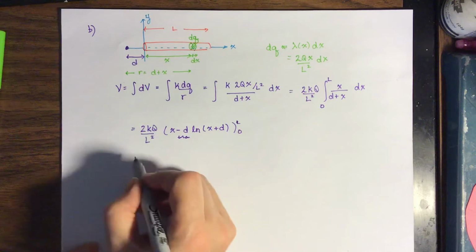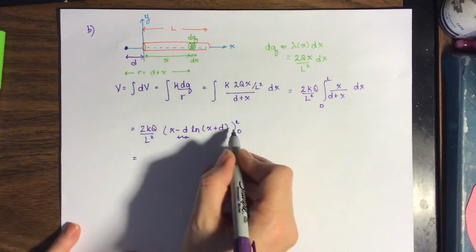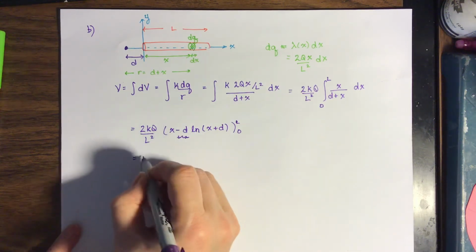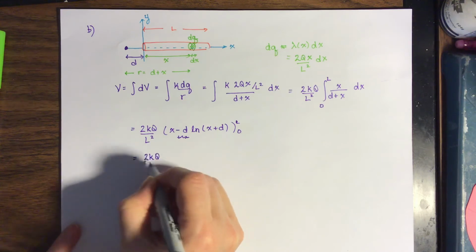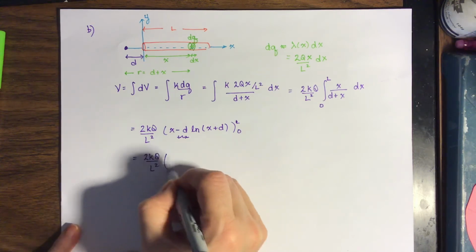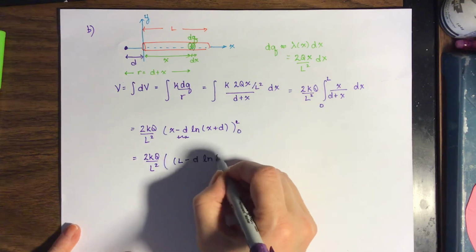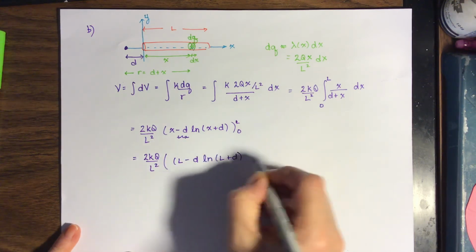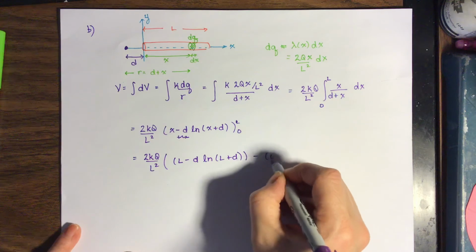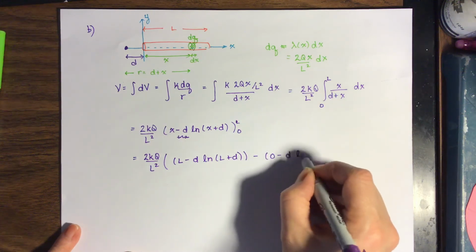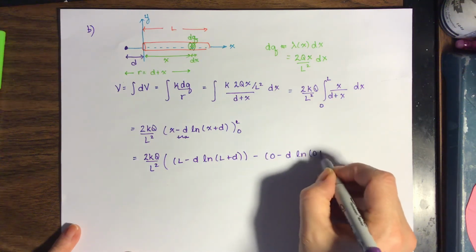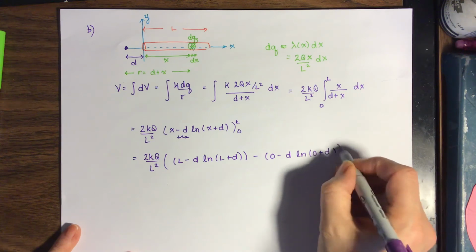I'm going to evaluate it at my limits, which means I'm going to put in x equals L, and then I'm going to subtract the term with x equals 0. 2kq over L squared, L minus d times the natural log of L plus d. Subtract 0 minus d times the natural log of 0 plus d.